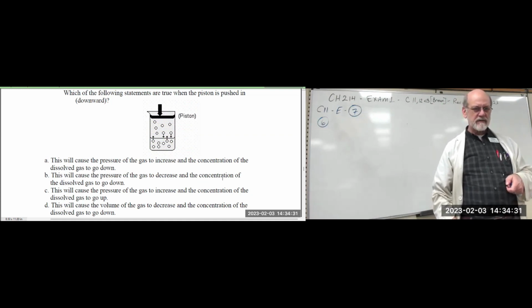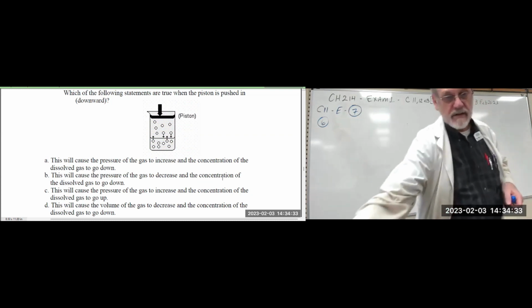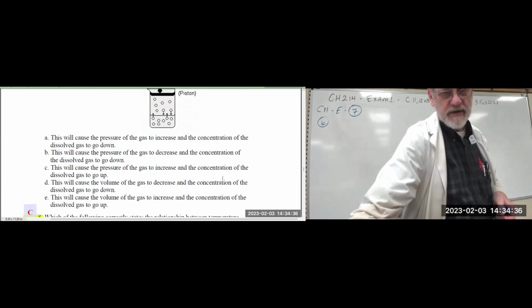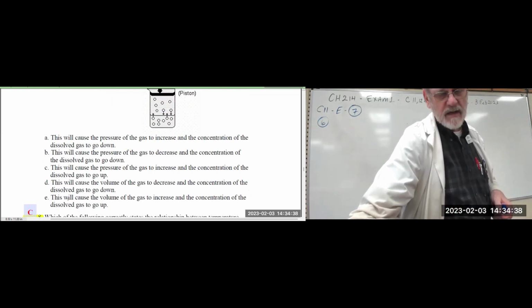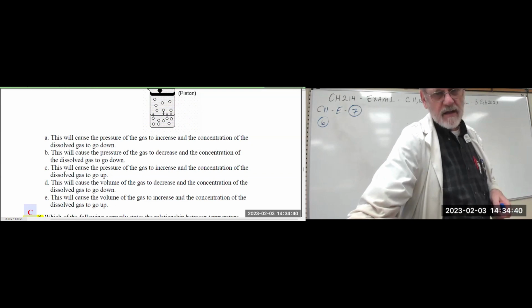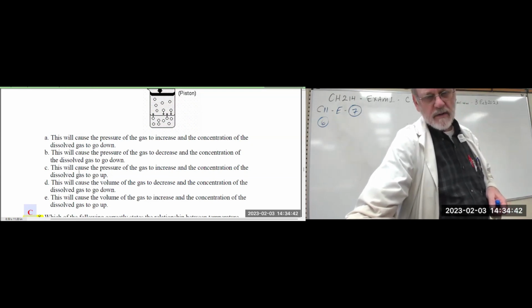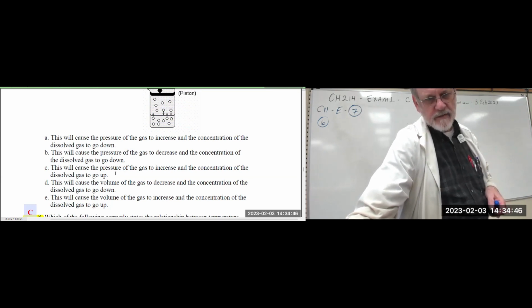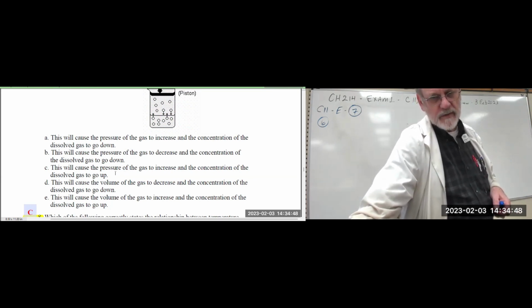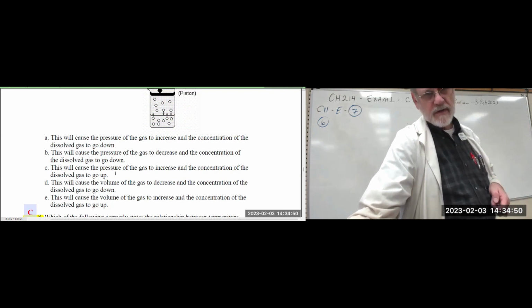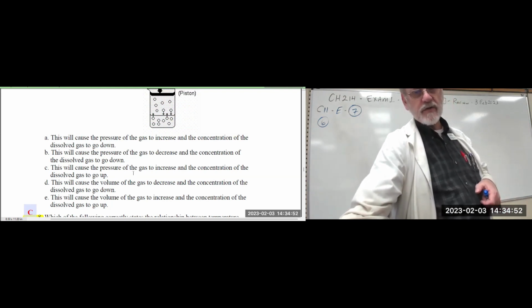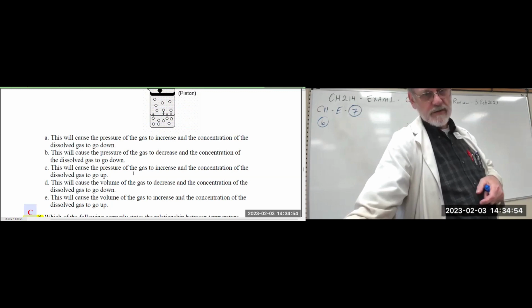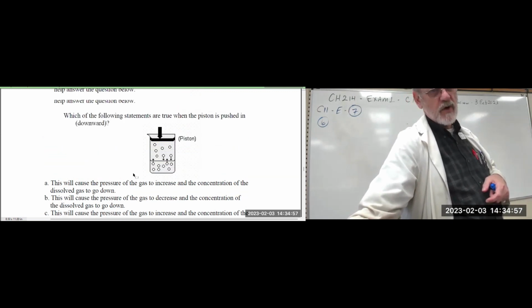So it's got to be, C is the only one that fits, isn't it? Oh, wait a minute, there's an E. This will cause the pressure of the gas to increase and the concentration of the dissolved gas to go up. Yeah, it'll increase the pressure, so that causes the solution concentration to go up.